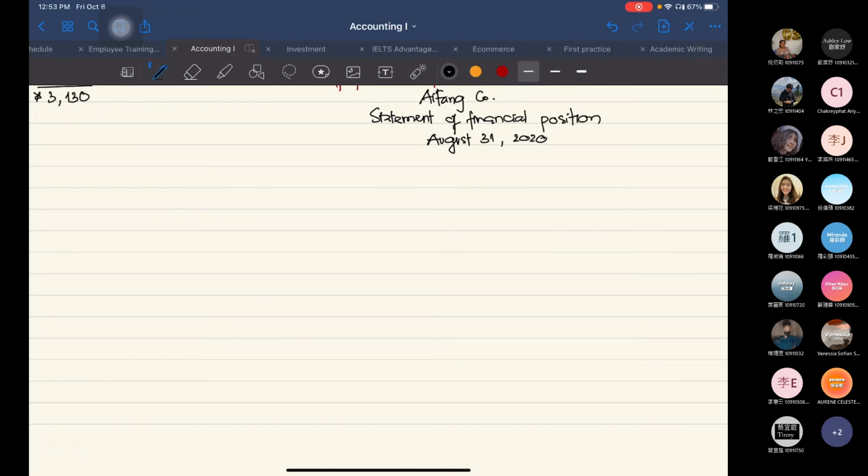Okay, for the first section, we just put assets. So what do you have in the assets section? Equipment, supplies, accounts receivable, and cash. Yes, that's the most important one.